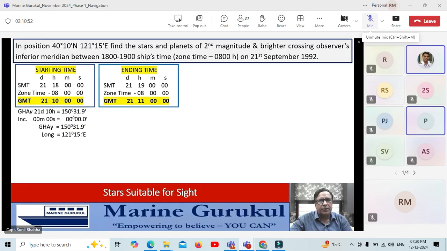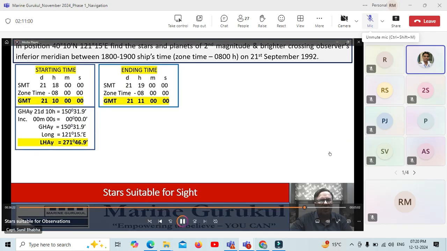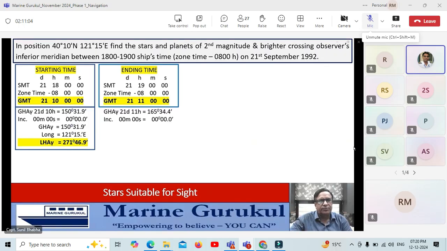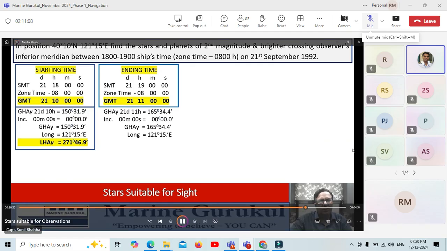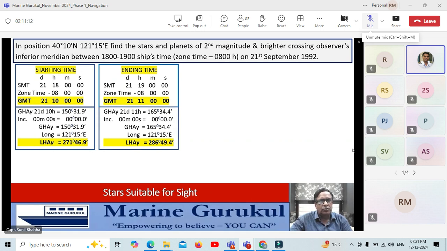We apply the longitude and we get LHA as 271 degrees 46.9 at the commencement of the interval. Likewise, we get LHA Aries at the end of the interval. You can see it on your screens, and LHA Aries comes to 286 degrees 49.4 minutes.